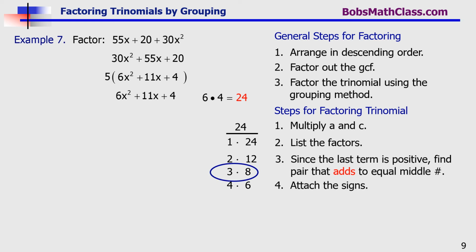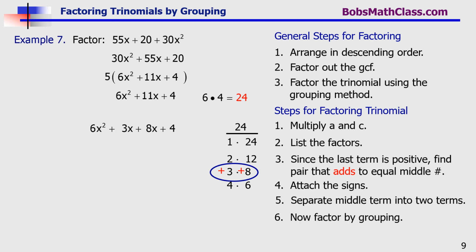Now we're going to attach the signs. So what signs must they be so that the 3 and 8 add to equal positive 11? Both positive. Separate our middle term into two terms using the 3 and 8. Don't forget to attach the variable.